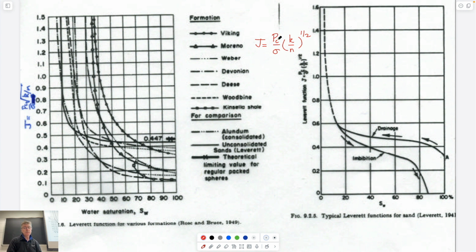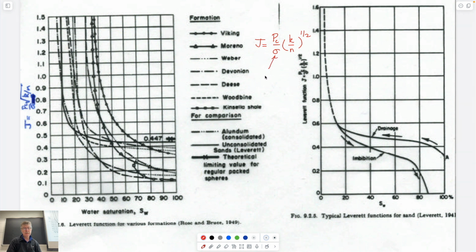And capillary pressure has units of stress or pressure. Interfacial tension has newtons per meter, because it's a force per length around the capillary, as we noted. Permeability, so if I write these out, hopefully it works out.